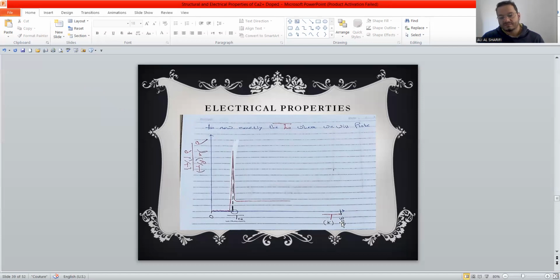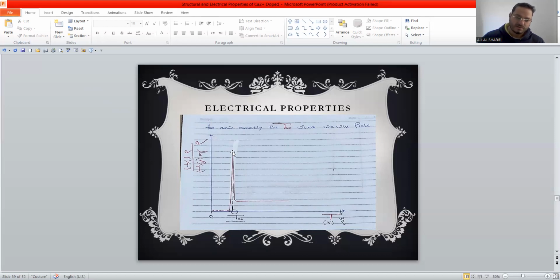And here at the Kelvin temperature on the x-axis, we will note a little bit of change, and after that it increases sharply to record a higher amount of charge ordering temperature, and after that increases like that.